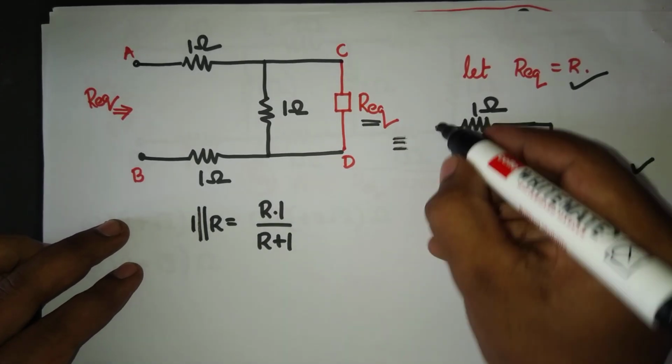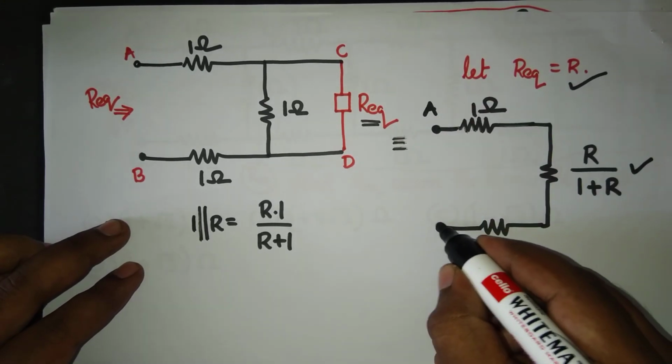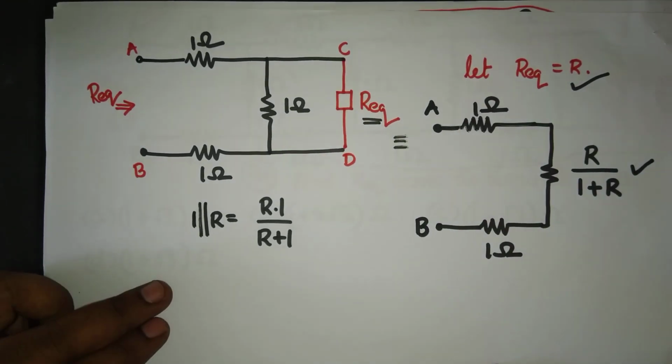So we have it like this. Now this is A and this is B.